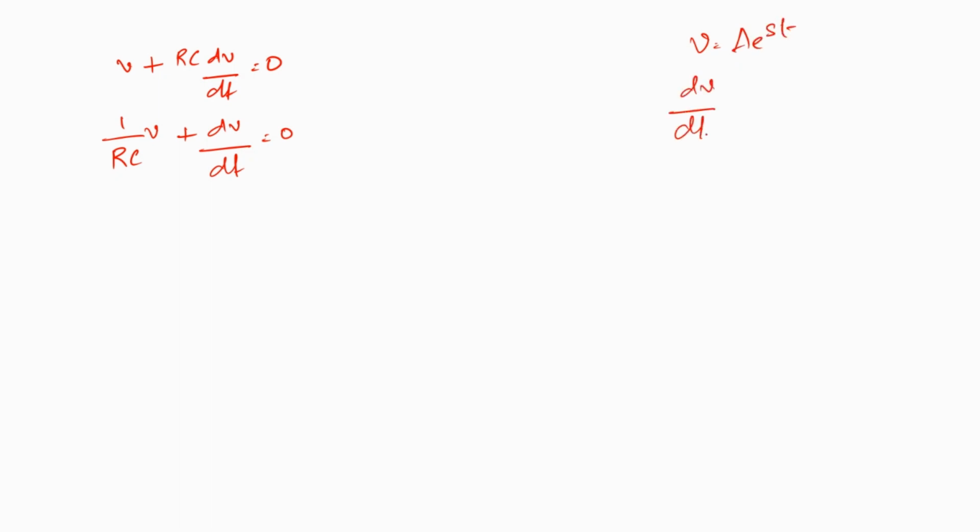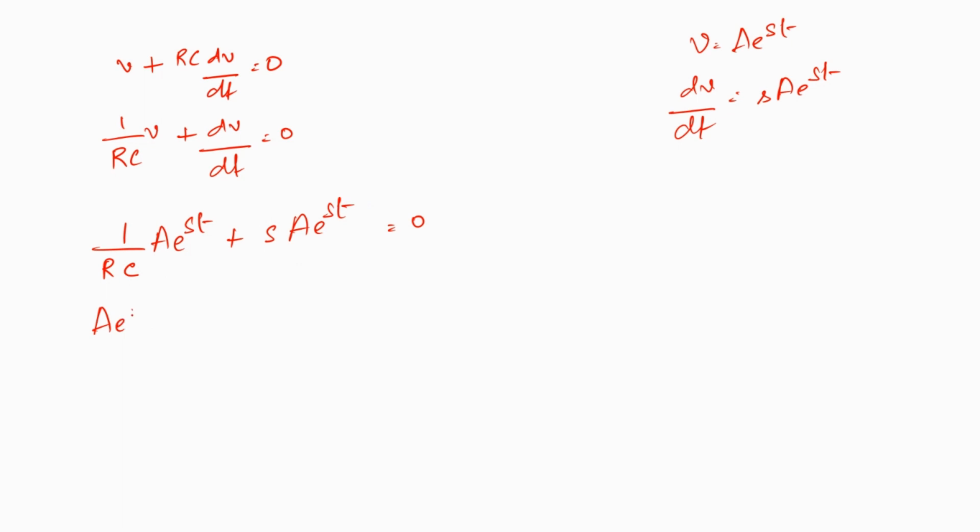So, I had the equation V plus RC dV by dt is 0. So, I can rearrange it as 1 by RC V plus dV by dt equal to 0, where V was A e power st and therefore dV by dt is s A e power st. So on replacing, what we get here is 1 by RC A e power st plus s A e power st is equal to 0.